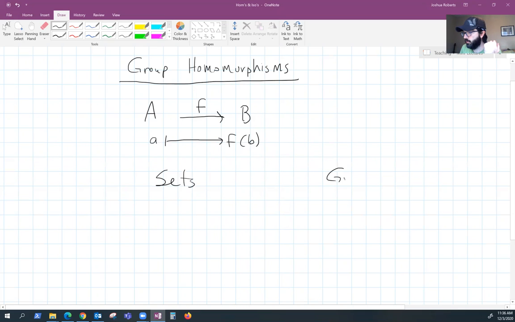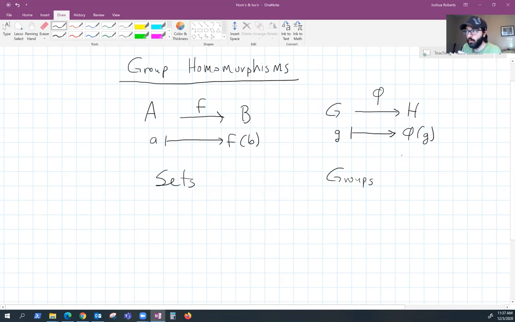Now, when we're dealing with groups, we start with the same basic idea. I have a group G and a group H, and I'm going to have a homomorphism between them that I'm just going to call phi. So the first thing that phi does is it takes an element of G and assigns to it a unique element in H that I'll call phi of G. Now, at the most basic level, a homomorphism is just a function, but there's extra, right?